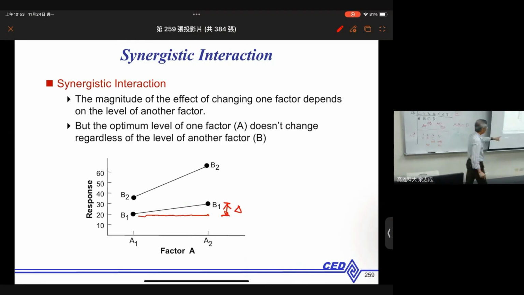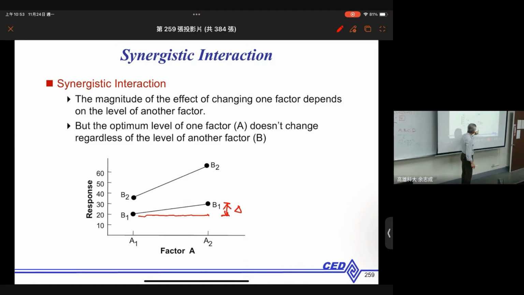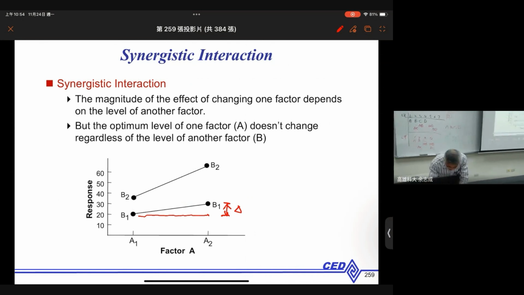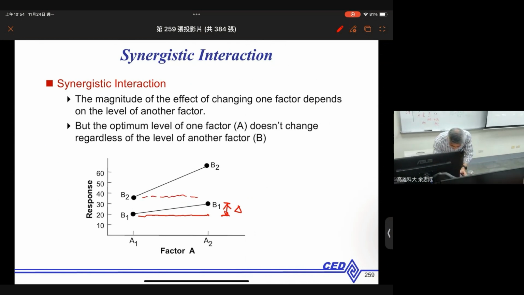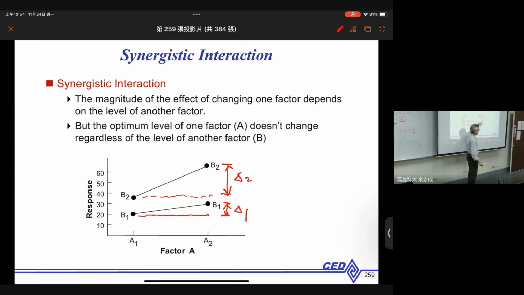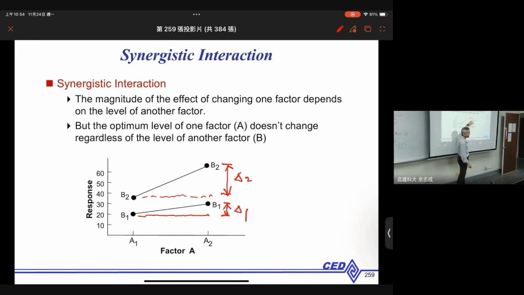When I change A1 to A2, the difference will be this much if B is in B1. But if B is in B2, you can see the difference becomes bigger. And you can see these two differences are not the same. If they were the same, these two lines would be parallel. They are not the same, so these two lines are not parallel.